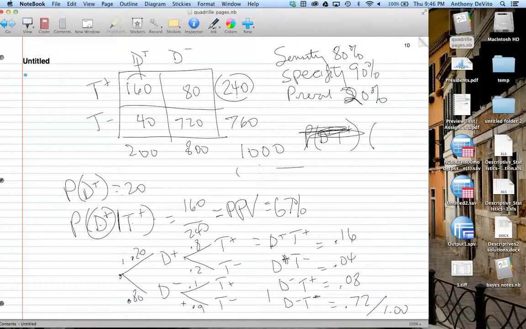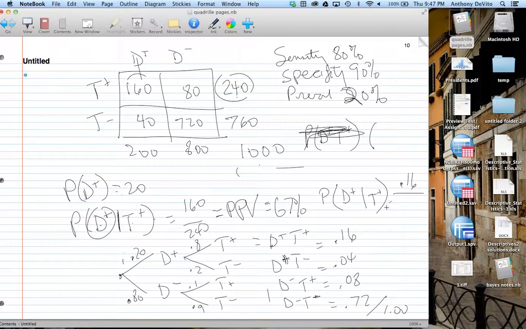That's all the possibilities. Let's think about our positive predictive value. What's the probability that you have the disease given that you've tested positive? The people on top of our ratio are the proportion of people that satisfy our condition: they had the disease and tested positive, which is 0.16.